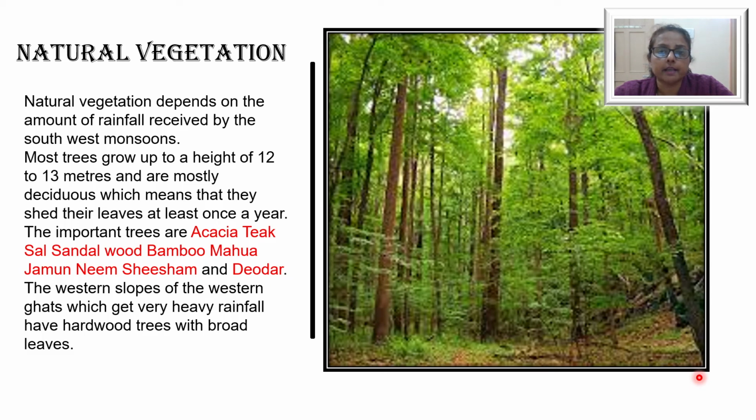Important trees are acacia, teak, sal, sandalwood, bamboo, mahua, jamun, neem, shisham, and deodar. The western slopes of the Western Ghats, however, get very heavy rainfall and have hardwood trees with very broad leaves. Most of the trees over there are also evergreen.